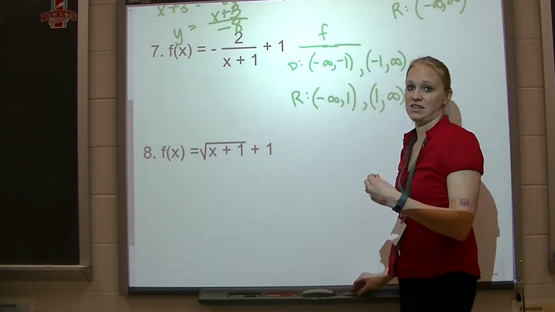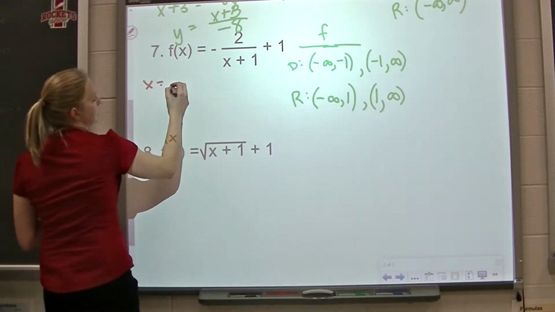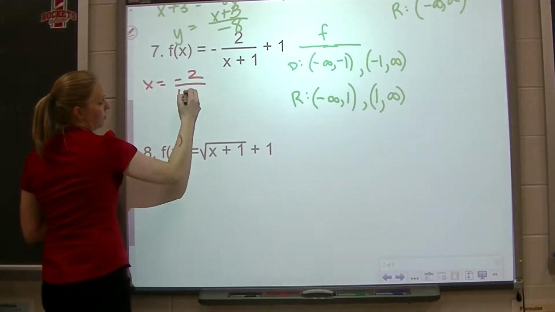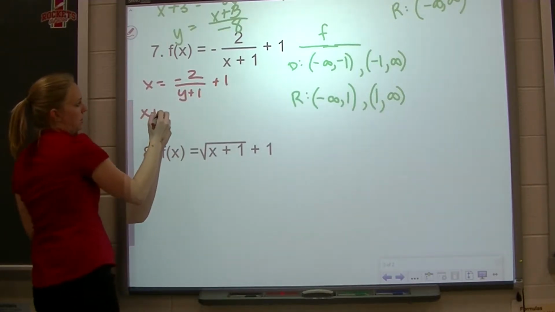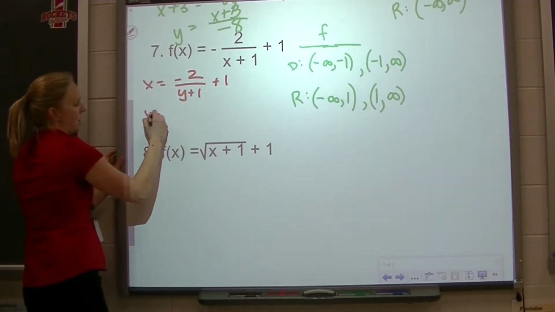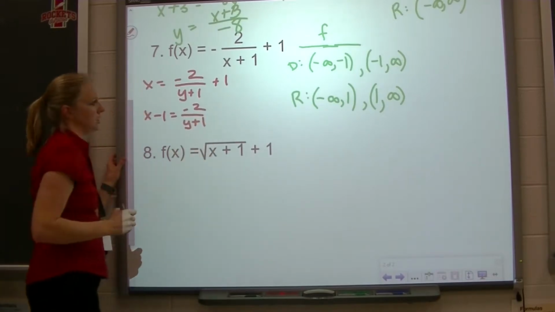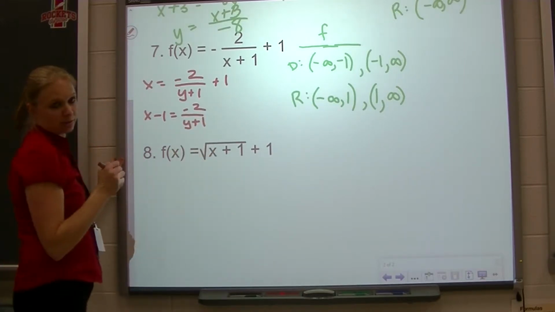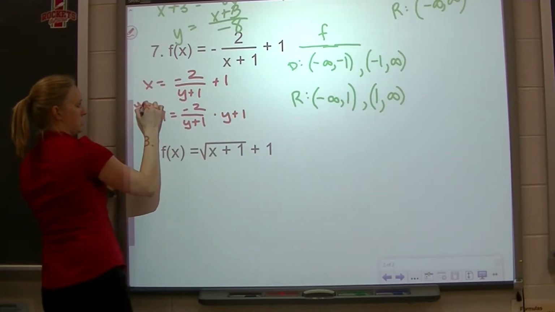So now let's find the inverse. Again, that's flip-flopping everything. So we're going to have x equals negative 2 over y plus 1, plus 1. Subtract the 1. So we'll have x minus 1 equals negative 2 over y plus 1. We're going to have to multiply everything by y plus 1.